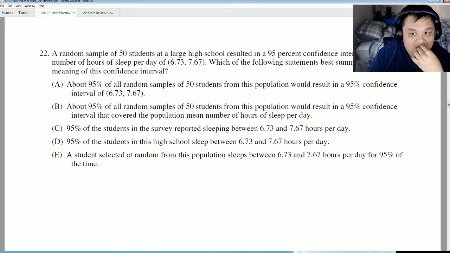A random sample of 50 students at a large school.